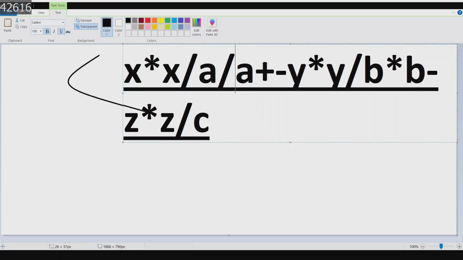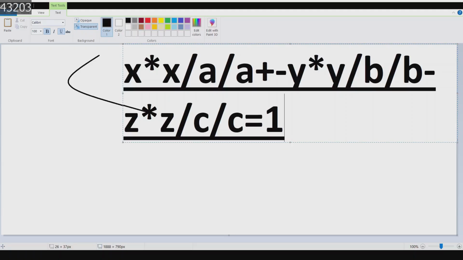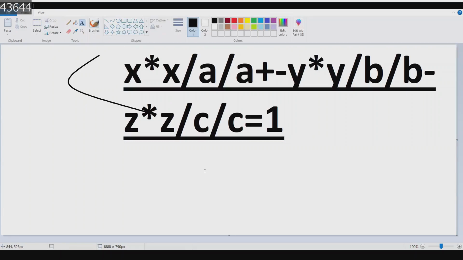Oh, and for this it would be technically these because we're dividing by them all. That is for a 2D. Basically, a bunch of hyperbolas connected together. This is what is called a hyperboloid.